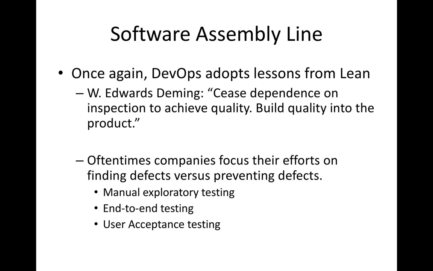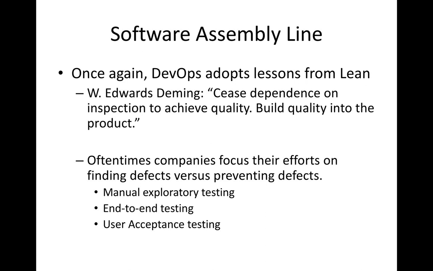And he wrote that when we're creating these product assembly pipelines, we need to cease dependence on inspection to achieve quality and instead build quality into the product.